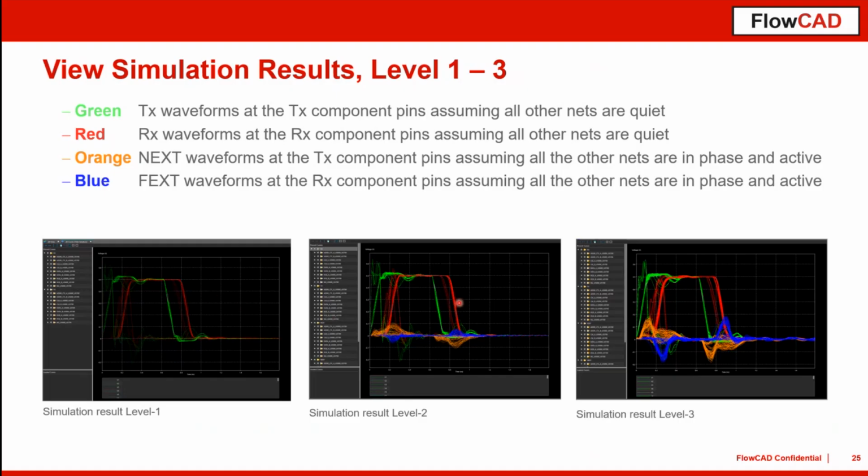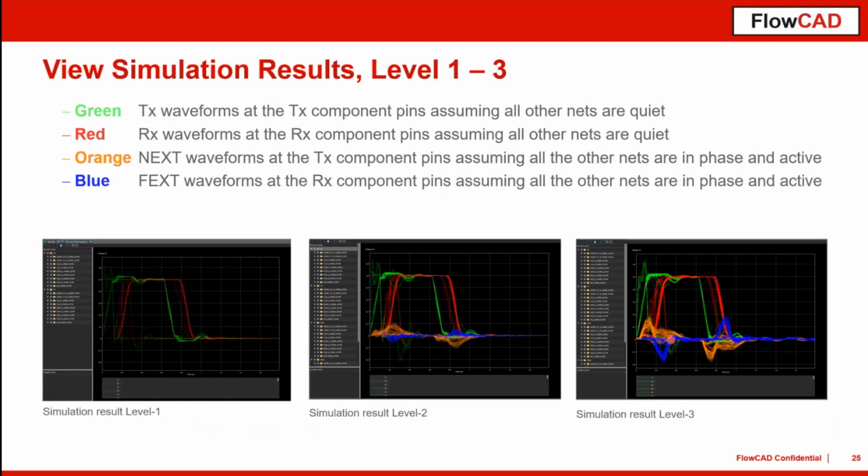In the middle, we also use the ideal power distribution network, but crosstalk effects are included in the simulation, and we see this as near end and far end crosstalk representation here, the orange and blue lines.